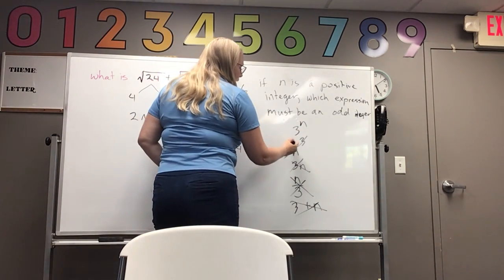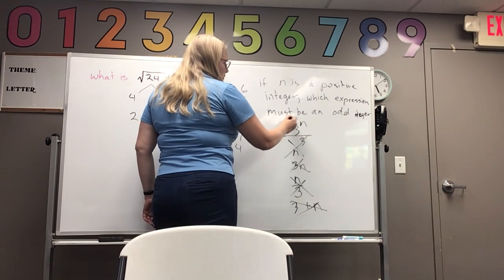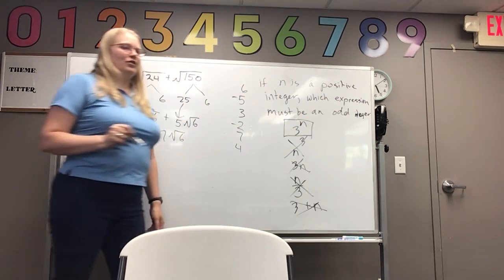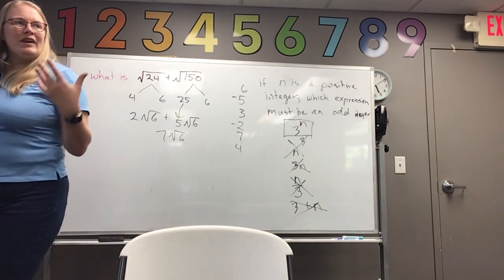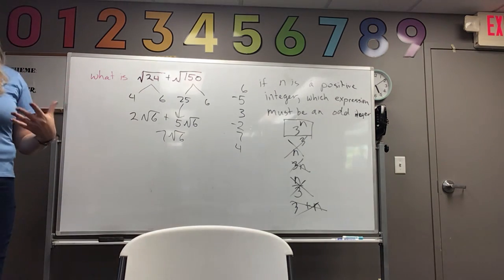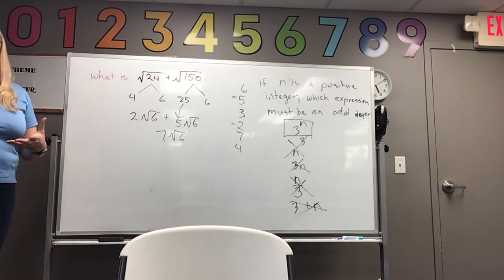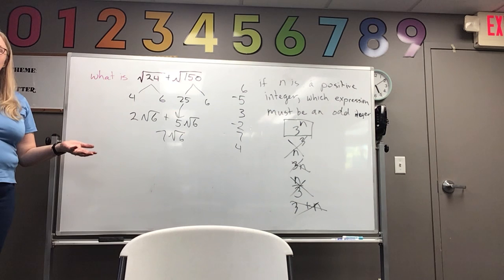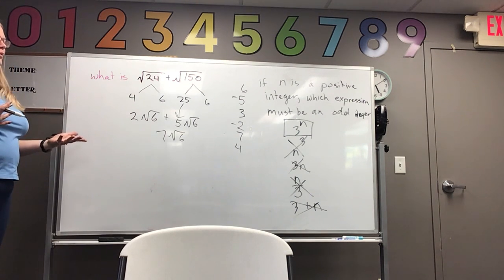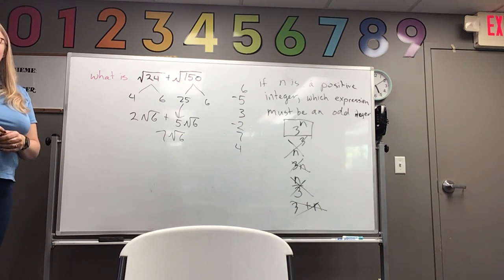The only way is to multiply an odd number, in this case 3, no matter how many times, it's going to stay odd because it's never going to be a multiple of 2. It's never going to be divisible by 2. That one would only be divisible by 3.